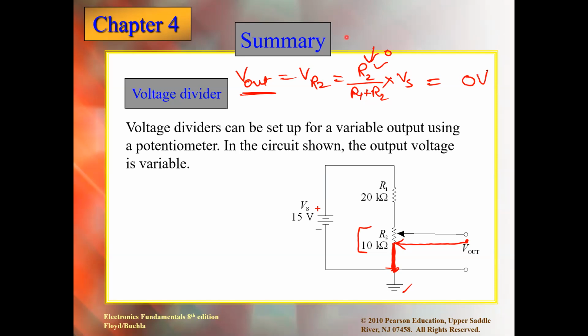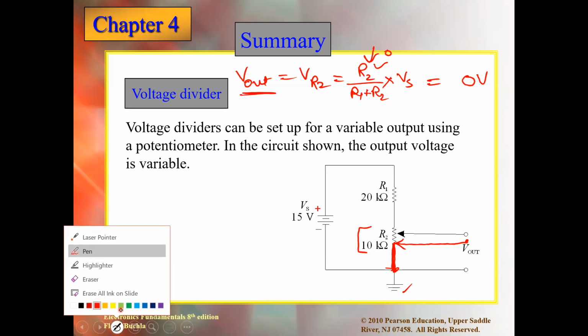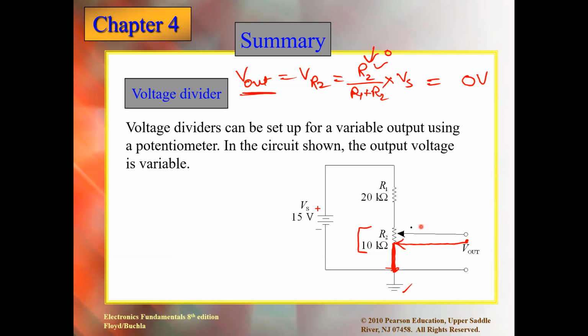Now think of another situation. In another situation, when this arm, I mean this arrow, is at the top, this place, because it's movable. As I said, it can go up and down. When it reaches that maximum point, if I ask you guys from this point to ground, how much is the resistance? 10.